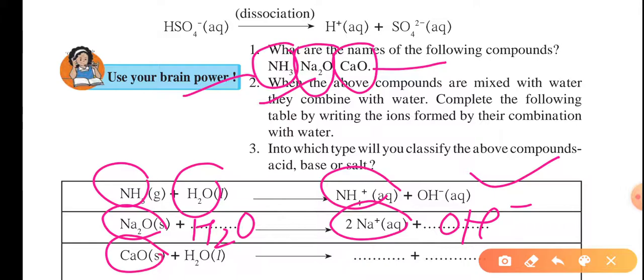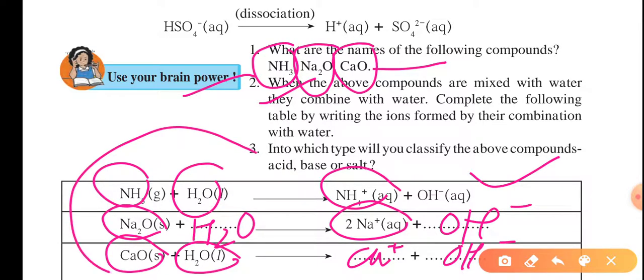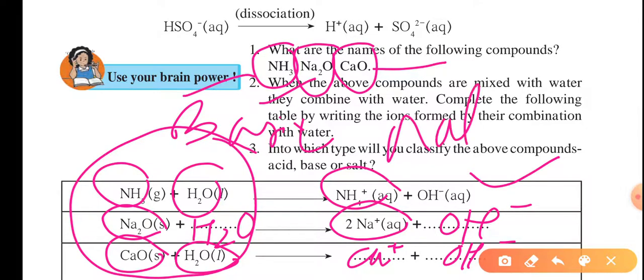When calcium oxide combines with water, it gives calcium ions and OH- ions. Into which type do you classify the above compounds? All these compounds are basic in nature.